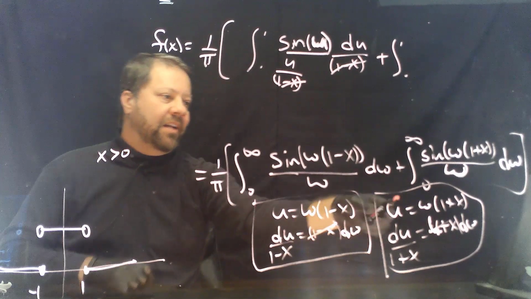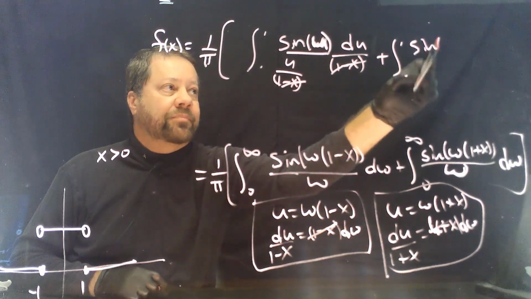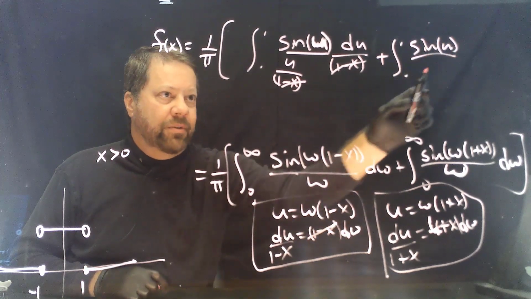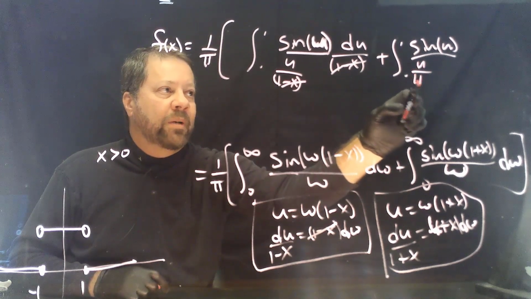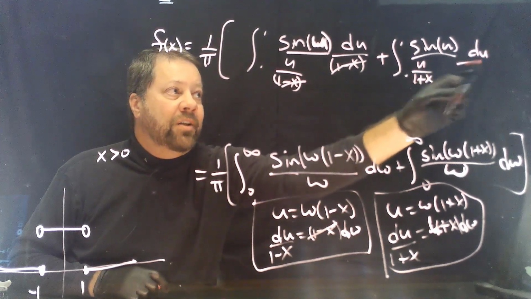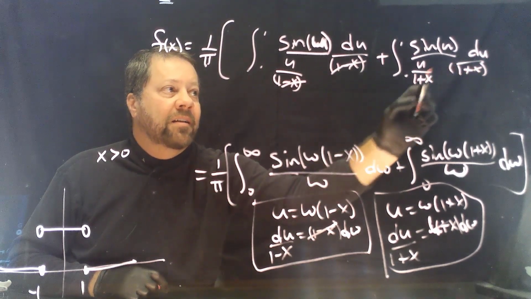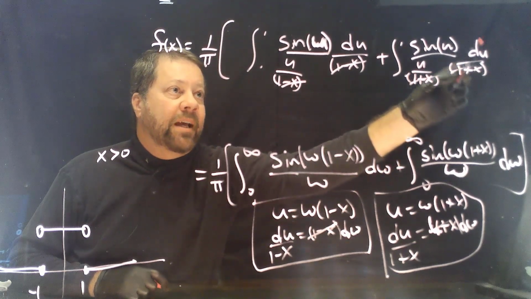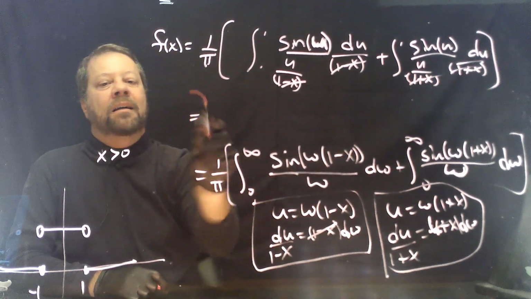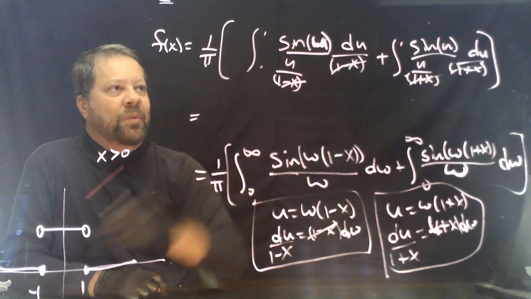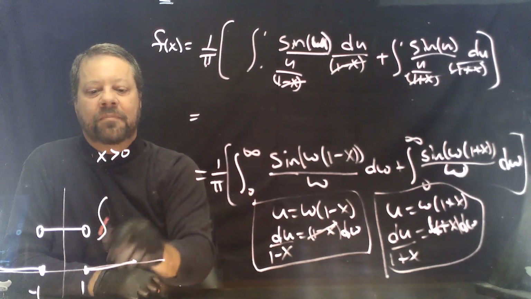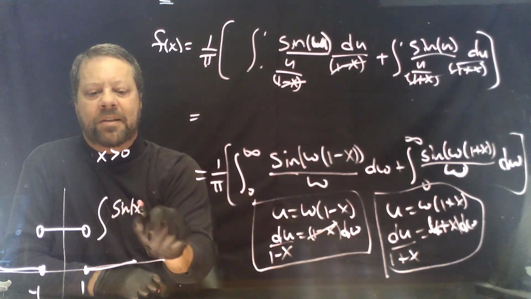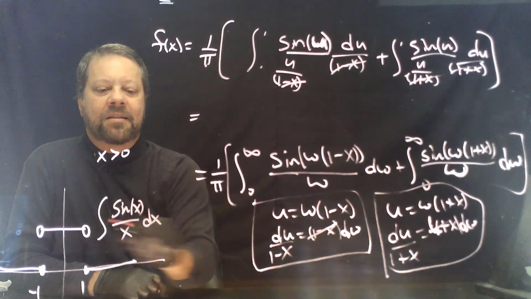On the second integral, it's also going to be sine of u over 1 plus x, du over 1 plus x, those going away. And now we have the integral basically of sine x over x dx.